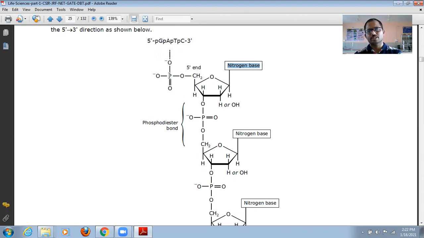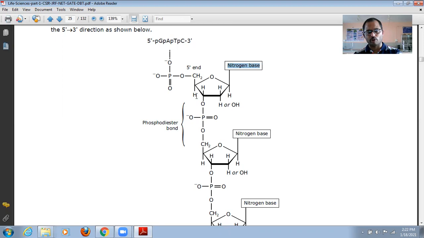We are trying to understand how these nucleotides are joined together to form either DNA or RNA, and what kind of direction there is. What is the direction for joining these nucleotides? Now see here, for understanding this we need to understand that this one is the 5' phosphate. This one is the ribose sugar.